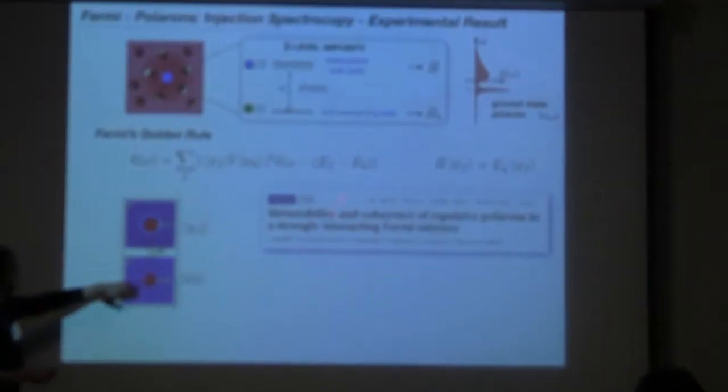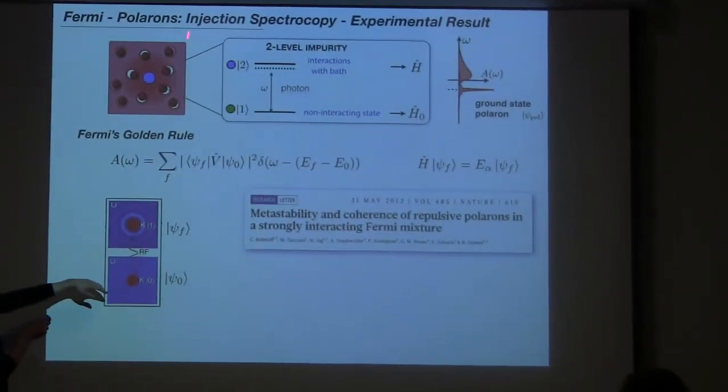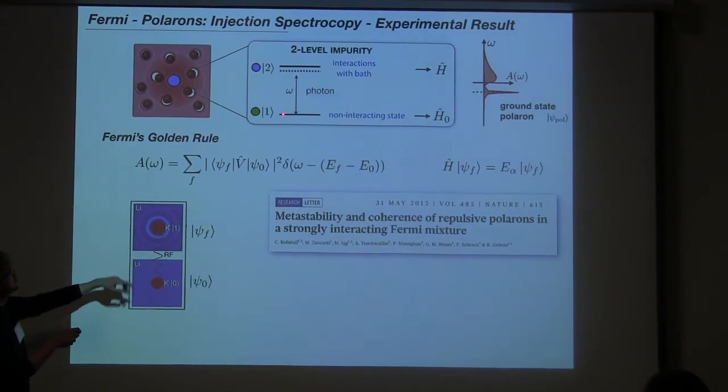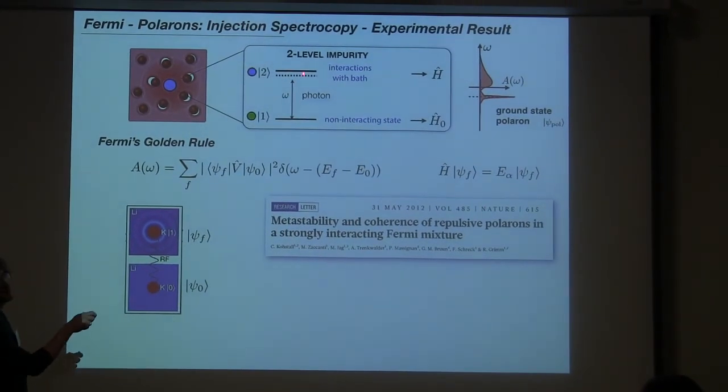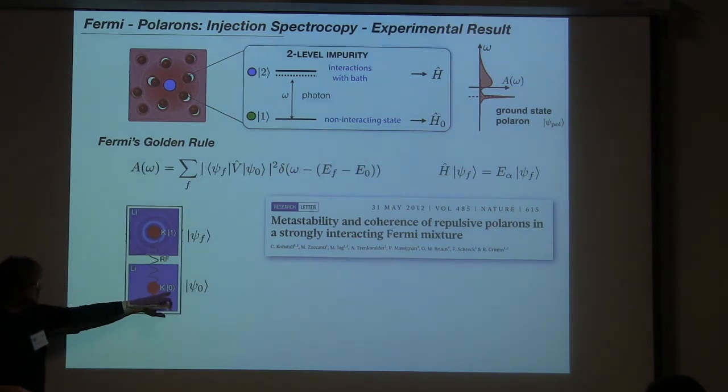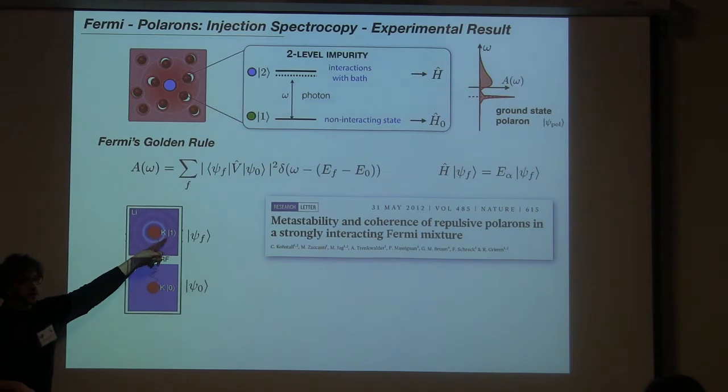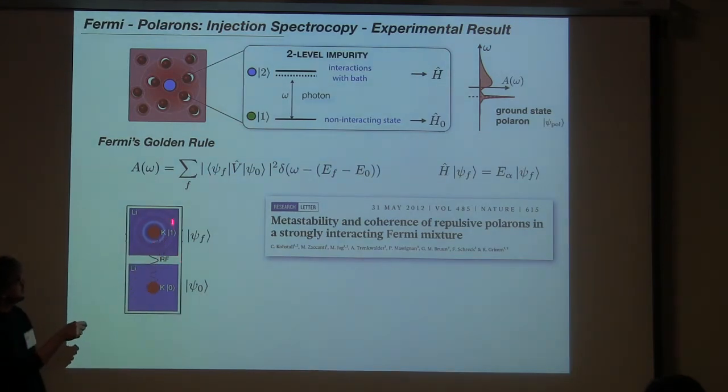So what he does then is he starts exactly from the scheme which we want to do here. It's called injection spectroscopy because we inject an impurity into the system. We start with a potassium atom in a hyperfine state, we drive an RF into an interacting hyperfine state, and we watch how the lithium-6 Fermi sea behaves, and we want to see that spectroscopically.